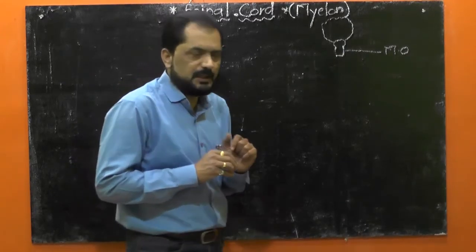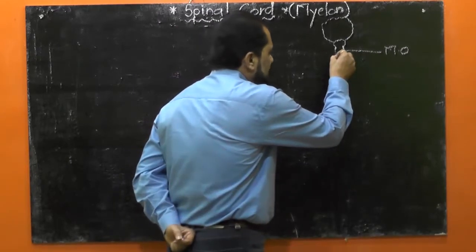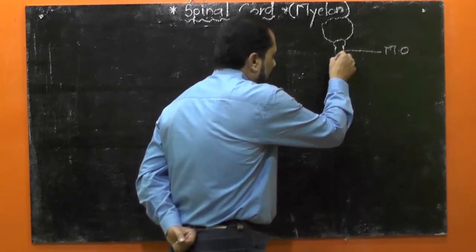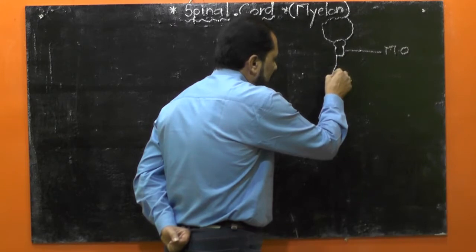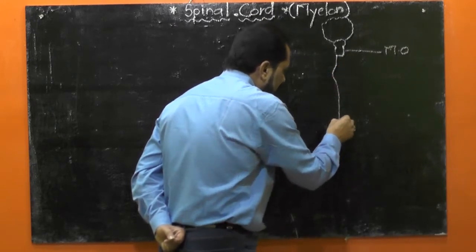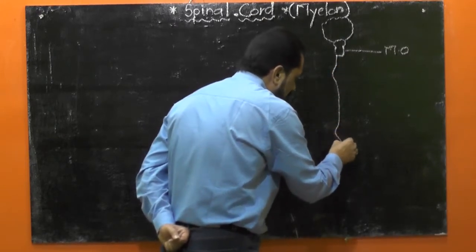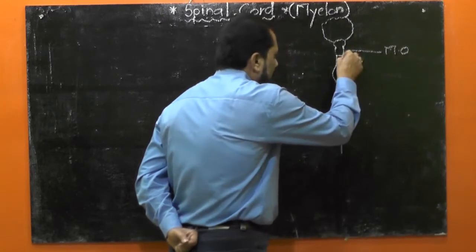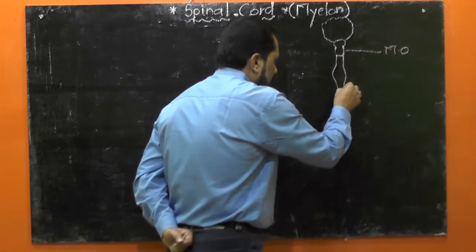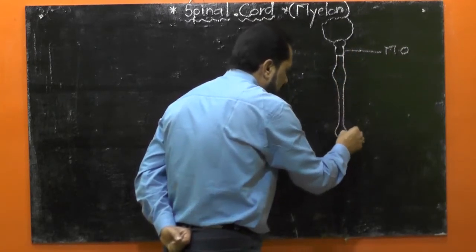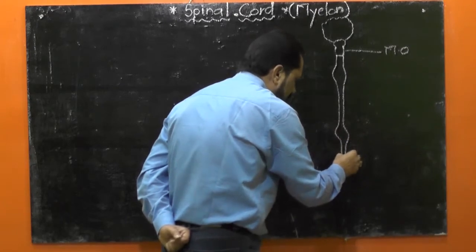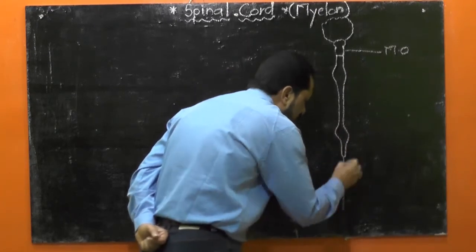Let me show in the diagram. Suppose here is a spinal cord. I said that the spinal cord is the posterior extension of medulla oblongata and it runs downward through the cavity of the vertebral column, that is neural canal.